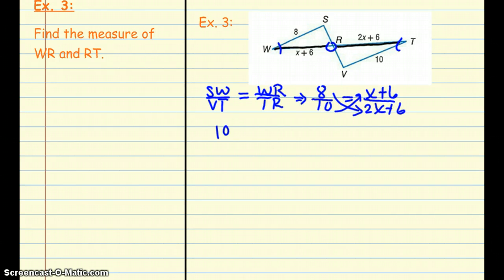So I've got 10 times the quantity of x plus 6 is going to be equal to 8 times the quantity of 2x plus 6. And from here, we're going to use algebra to find the value of x. So like we did the other day, we're going to distribute the 10 and distribute the 8.